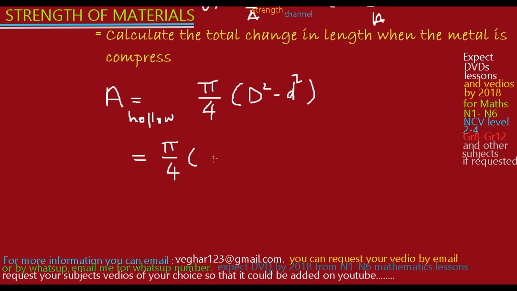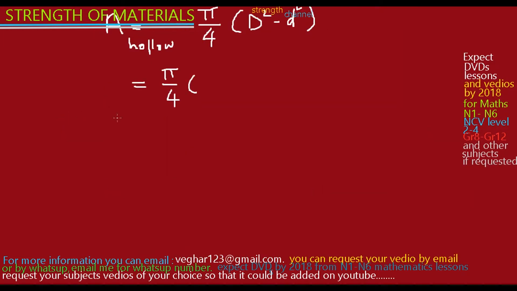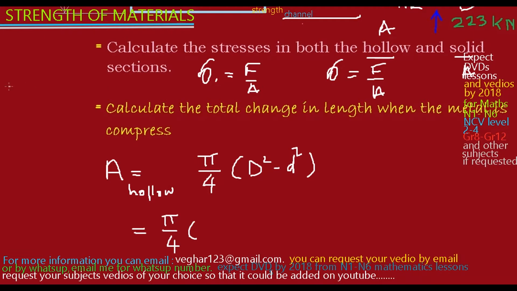I'll put 52, converting the diameter to meters because it's in millimeters. We'll divide by 1000. So let me write it. You'll have to divide the 52 by 1000, and then you'll have 0.052 meter.